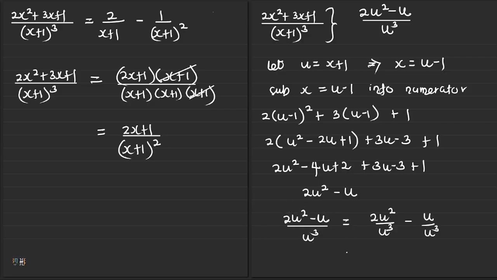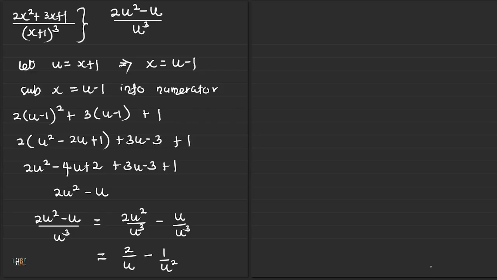So with that, if we are to simplify, we have 2 of the u's here, reduce this by 2. So that we'll be left with what? A 2 over u, minus 1 of this u will reduce this also by 1. And we'll be left with a 1 over u squared. So we can now come all the way and say we have our 2 over, remember what we said u was.